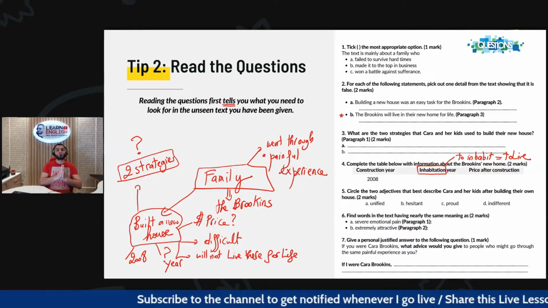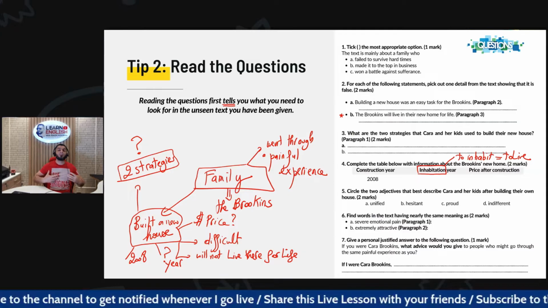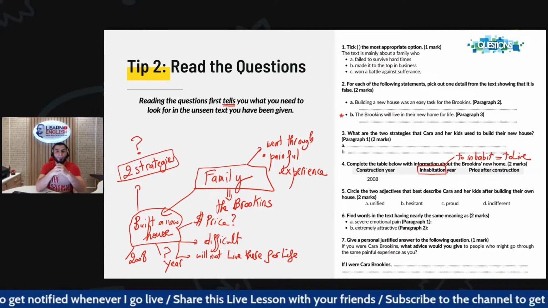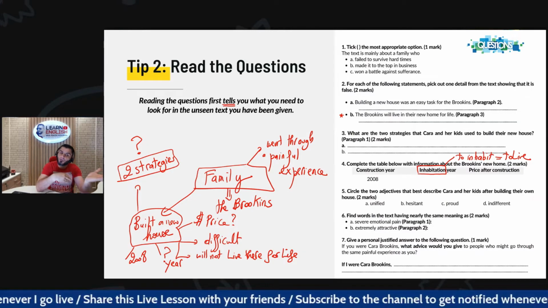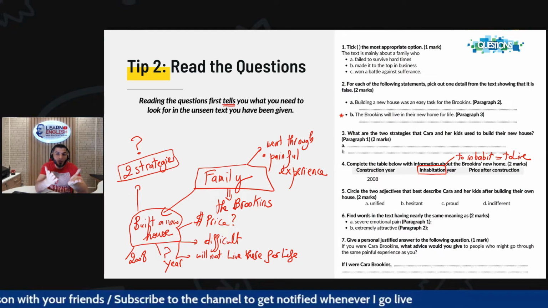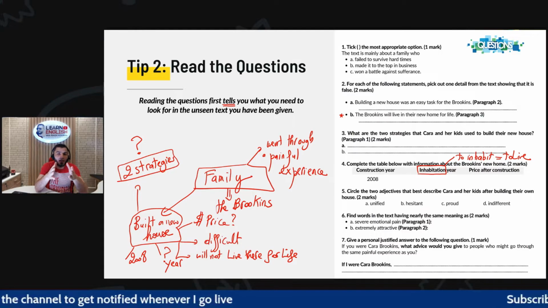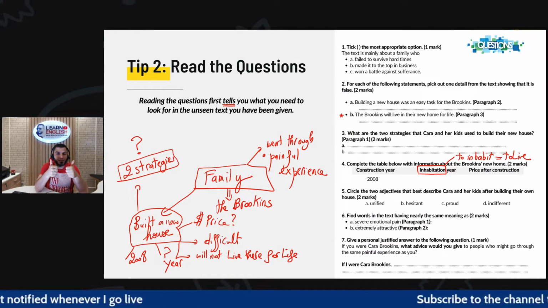And they used 2 strategies to build this new house. But before that, this family went through a painful experience, whether before building the house or after building the house. So here we have a clear picture or a good idea about what the text is about.